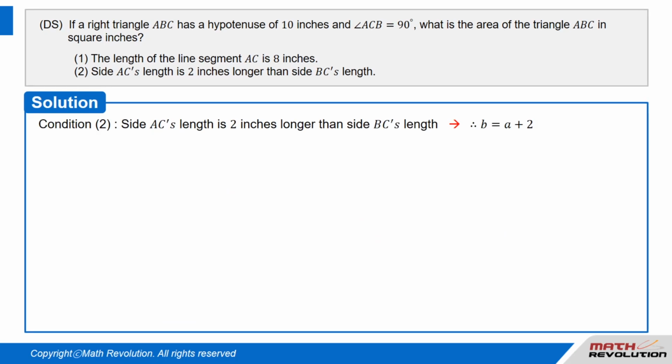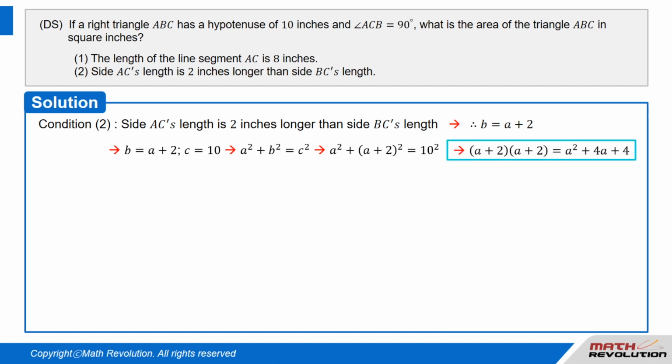Condition 2 tells us that side AC's length is 2 inches longer than side BC's. That is, b equals a plus 2. Substituting this in the original condition a squared plus b squared equals c squared, we get a squared plus (a plus 2) squared equals 10 squared.